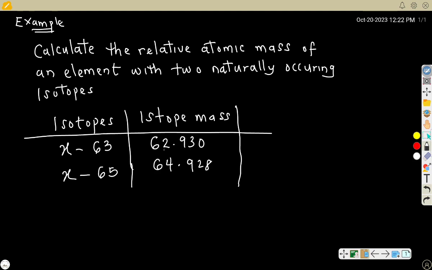If we approximate 62.9, you get 63, and if you approximate 64.9, you get 65. So we are going to use the isotope mass.